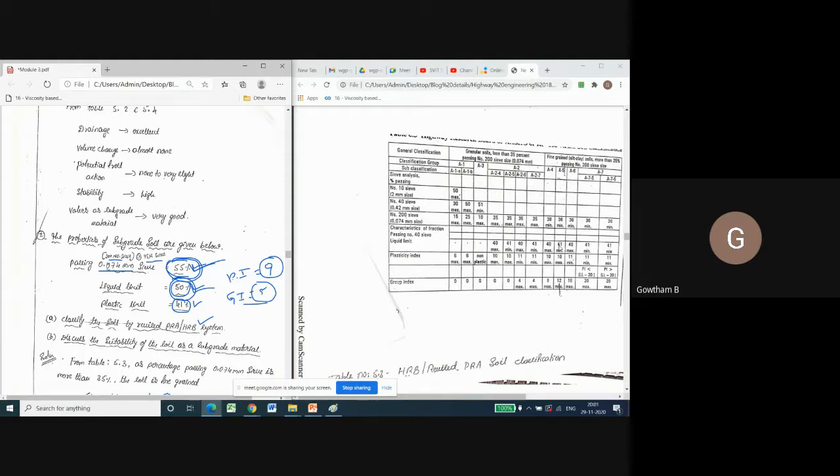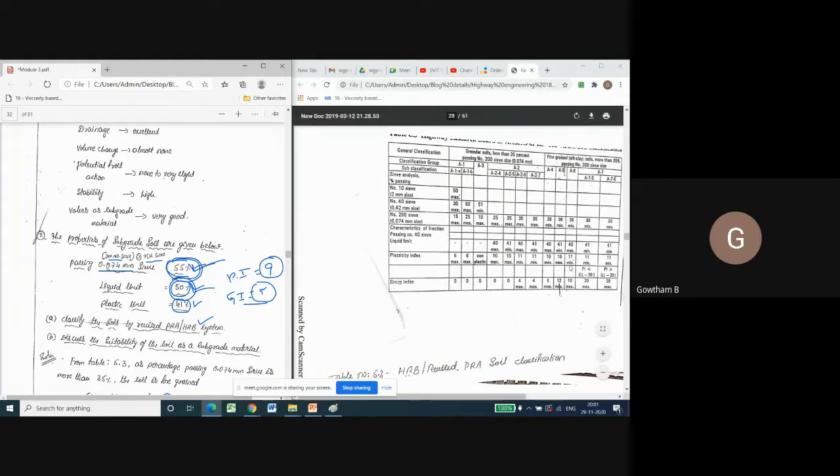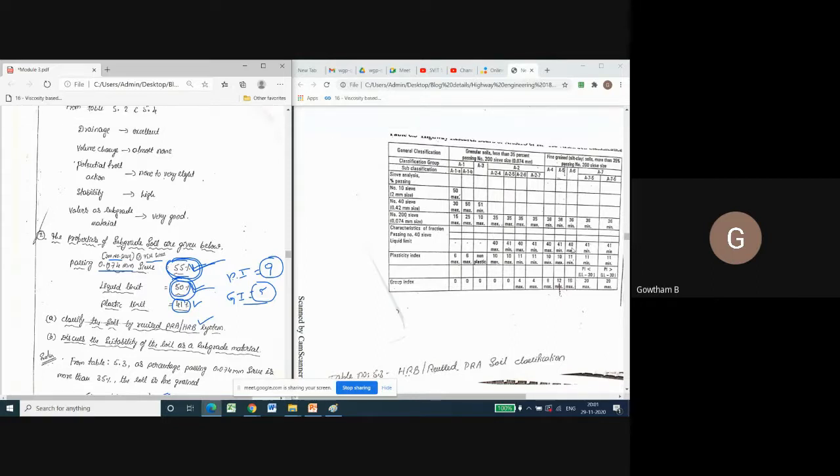Therefore probably our soil belongs to A5, because our liquid limit is 50. For A6, 40 is the maximum, ours is 50, so it is not applicable. For A7, 41 is the minimum. So as per the liquid limit, our soil belongs to either A5 or A7.